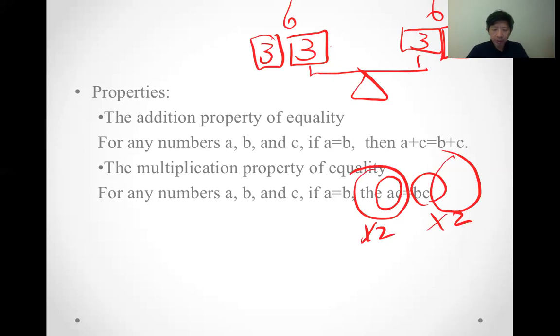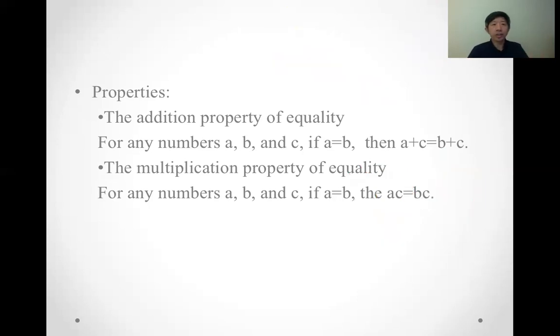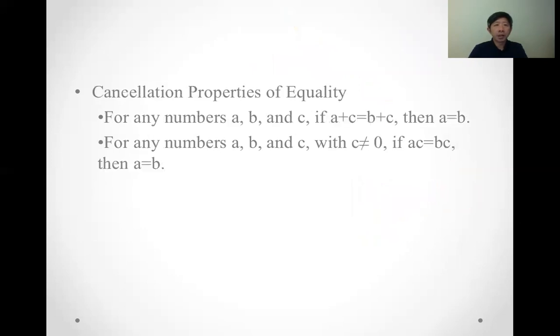So that's the concept, and we can use a scale to help children understand it, okay? Next, the cancellation property of equality. For any numbers A, B, and C, if A plus C equals B plus C, then A equals B, all right?